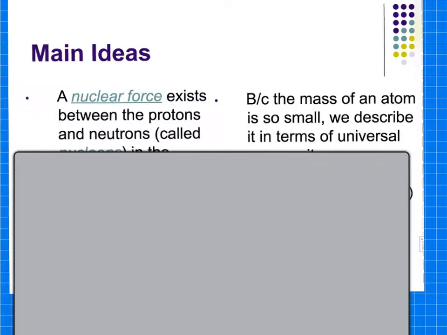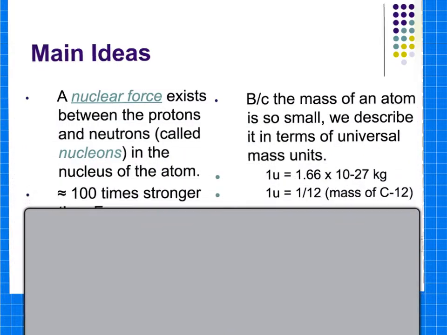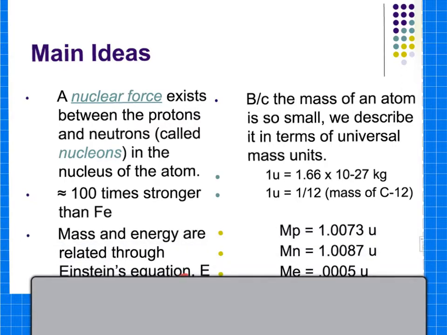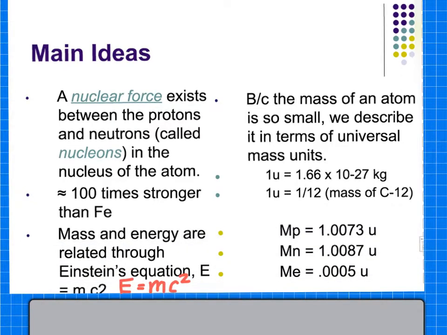It is also called the strong nuclear force, because it is extremely strong. And if you thought that the electrostatic force of attraction and repulsion were strong, the nuclear force is 100 times that. So you might need to pause this to take your notes.